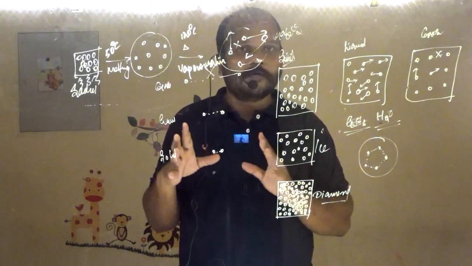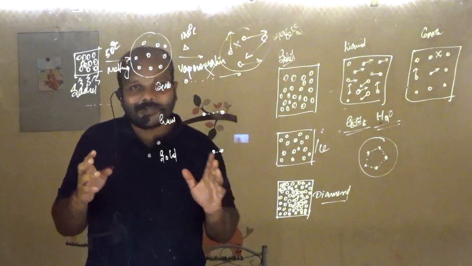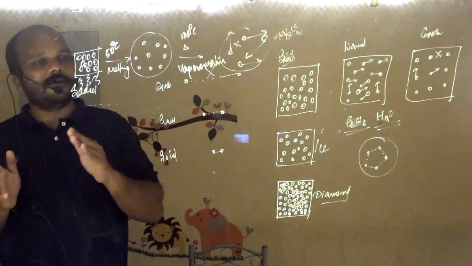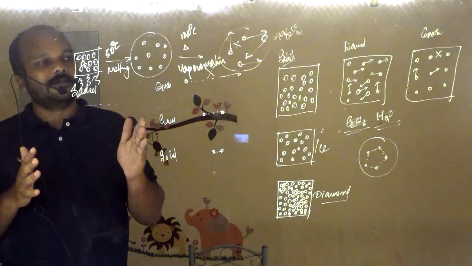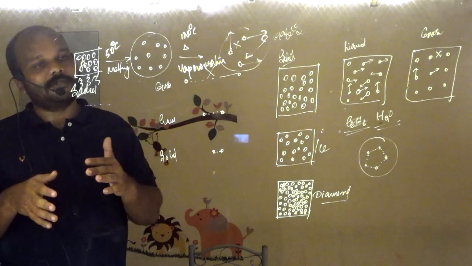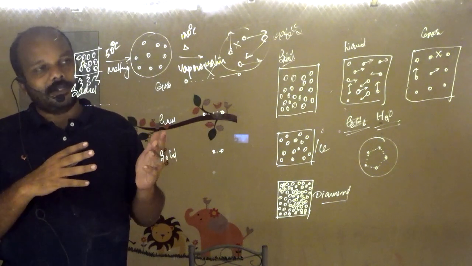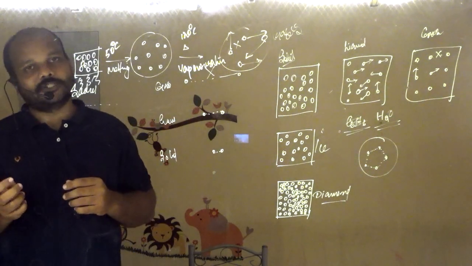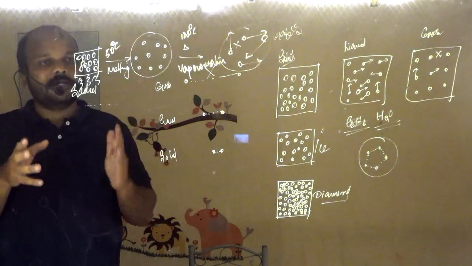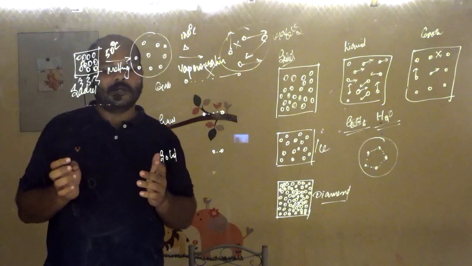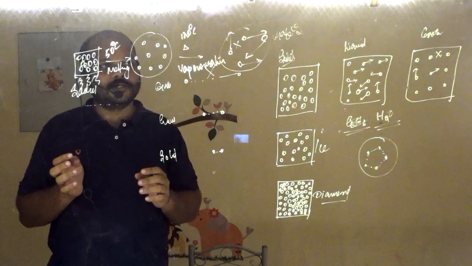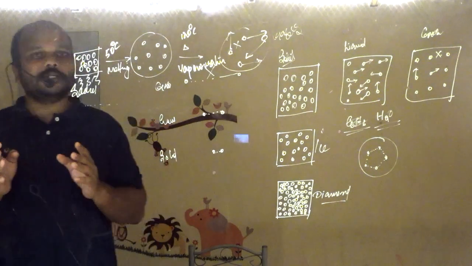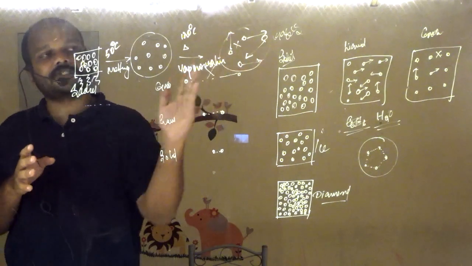This is what happens when we are melting. When we increase the temperature, the solid will initially melt, and again it will change into gas. So if I ask you a question, in which case is the movement faster? It is in the case of gases.